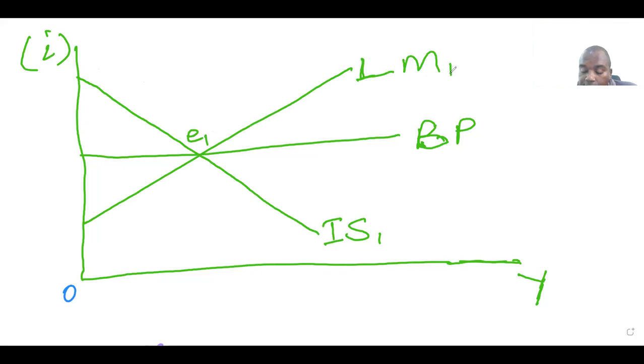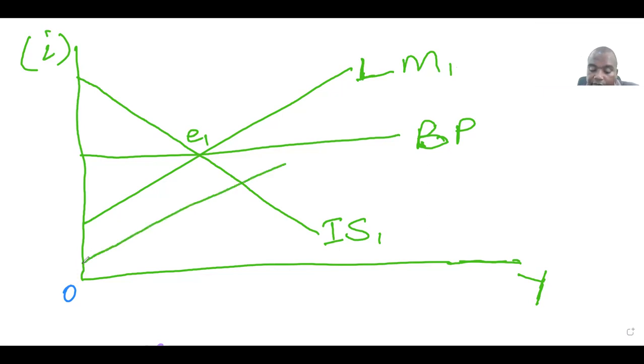So the disturbance, we can say, let there be a situation which increases money supply in the domestic economy. Any situation which may lead to an increase in money supply, maybe a reduction in the bank rate by the central bank to incentivize production.